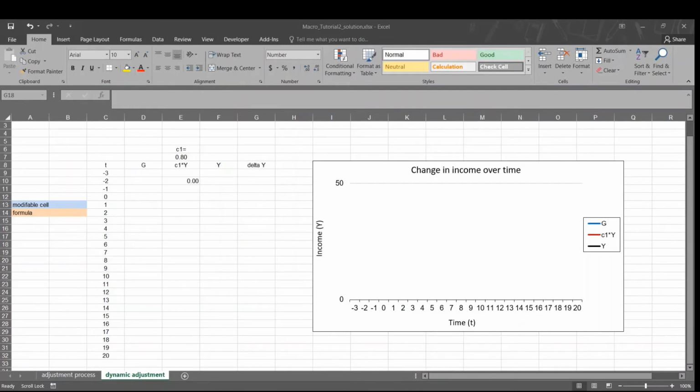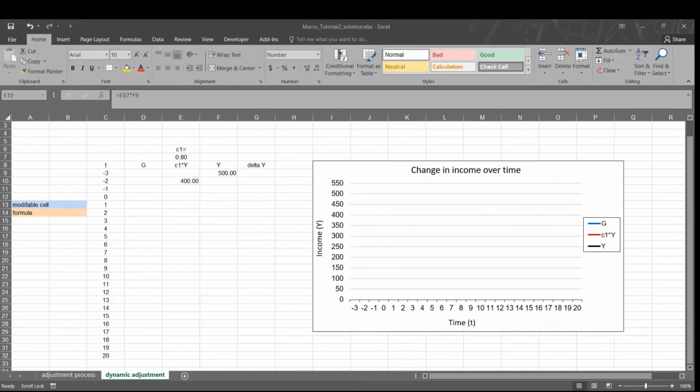Having seen the adjustment process in the previous Excel sheet, we will now move on to the dynamic adjustment process. We have said that our equilibrium amount of income is 500, and we have also mentioned that the government expenditure from t minus 3 until t0 is to be kept at 100.